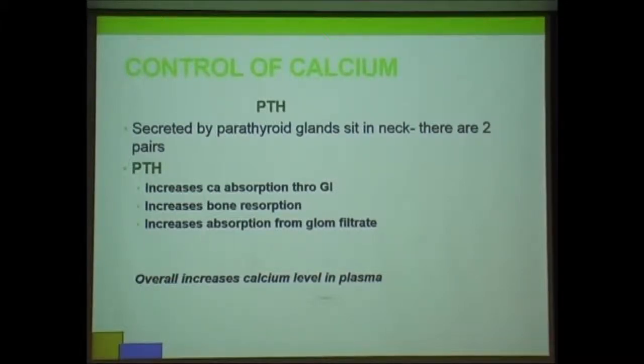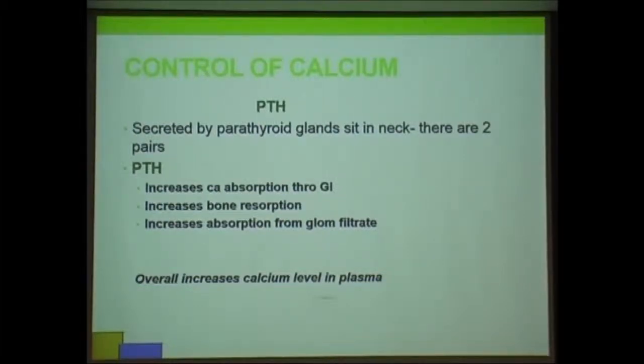If we look at the calcium metabolism, I said there are two important things, PTH as well as vitamin D. Now, the PTH is secreted by the parathyroid glands which sit in the neck. There are two pairs, the right and the left upper and lowers, and what PTH does really is it senses the plasma calcium, and if it finds that the plasma calcium is going low, PTH immediately goes up, and what it does is increases the calcium absorption through the intestine.